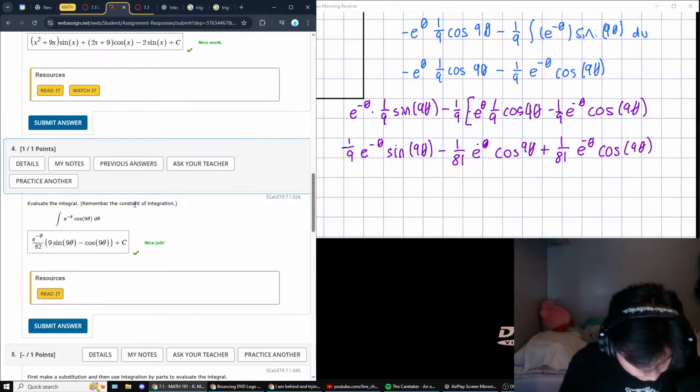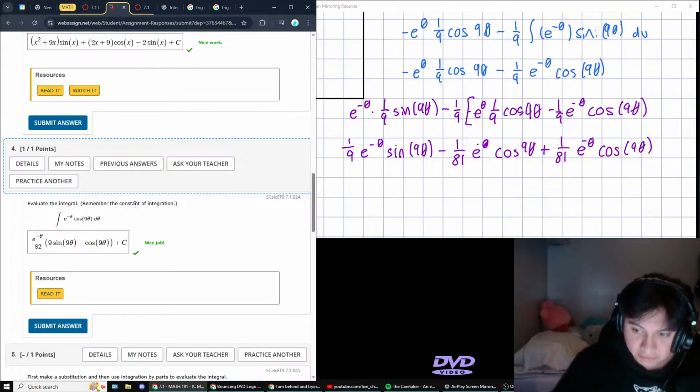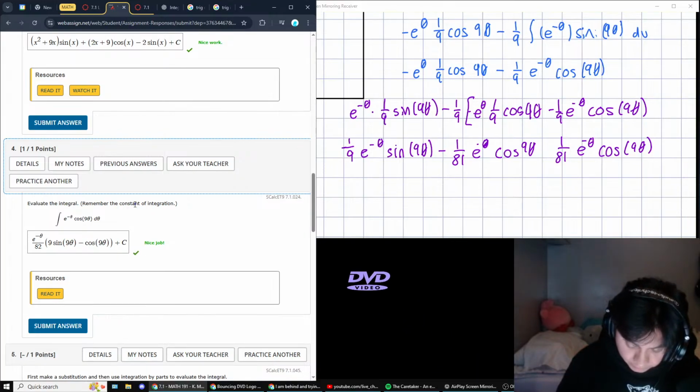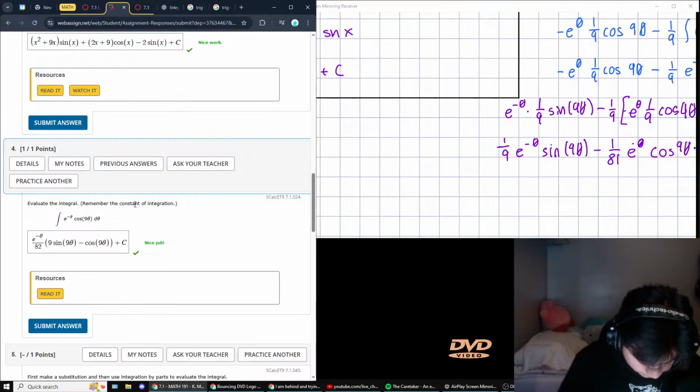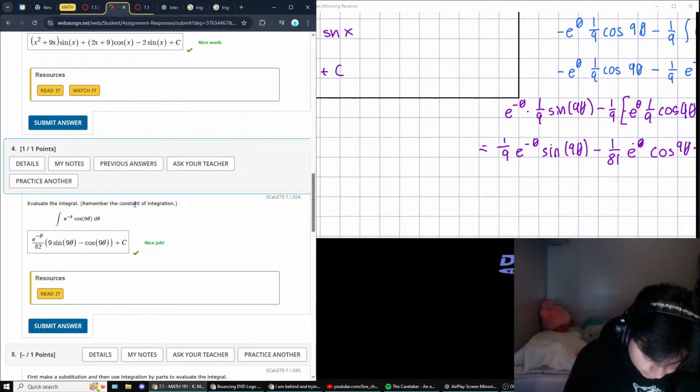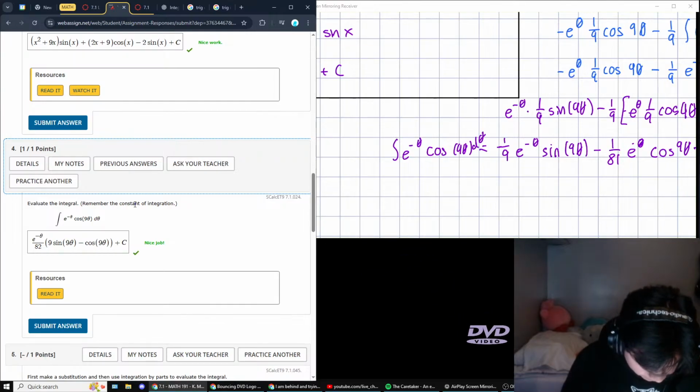Okay, so chat is writing it like this. Exactly how I have it written. Oh wait, no, chat has this negative. This is correct. So I'm gonna try to figure out what it's doing. And then it's having me do the integration of e negative theta cosine 9 theta d theta.